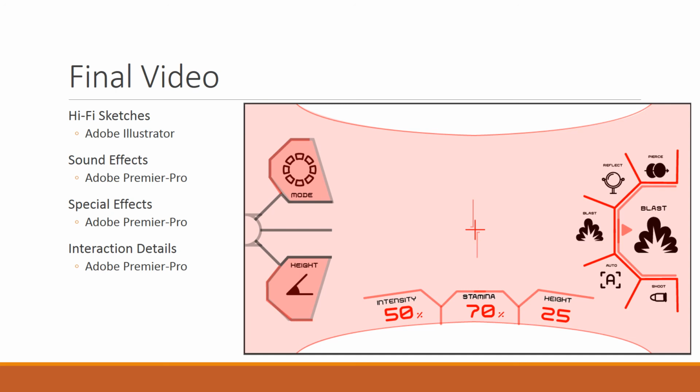I had quality sound effects, and I used some sound effects from movies and some from online repositories. I had to learn Adobe Premiere Pro to add special effects to my video, and this tool also helped me show the interaction in detail with some animation.